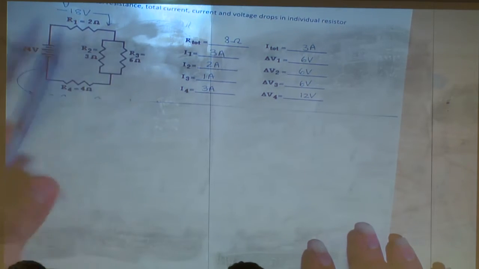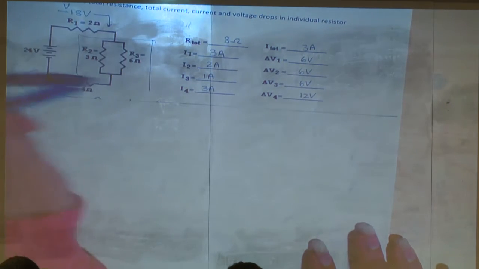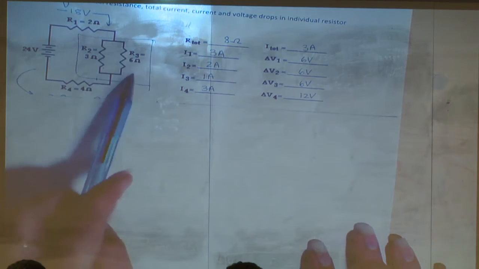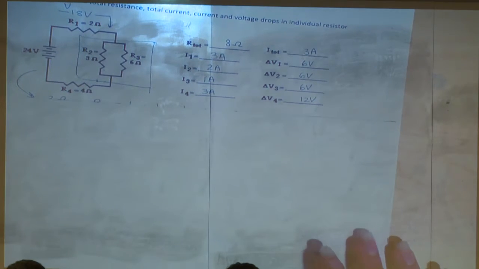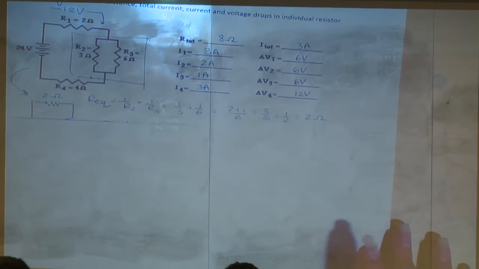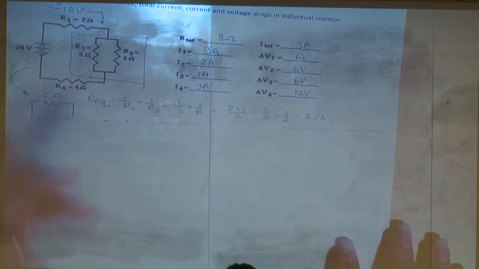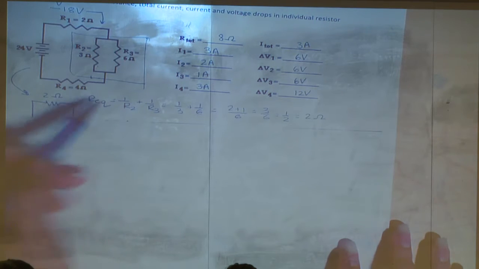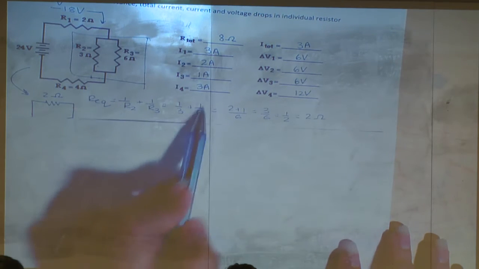The very first part would be to find the equivalent resistance of these two parallel resistors. Because they're in parallel, we use the equivalence formula for resistors connected in parallel, which is 1 over 3 plus 1 over 6, right?